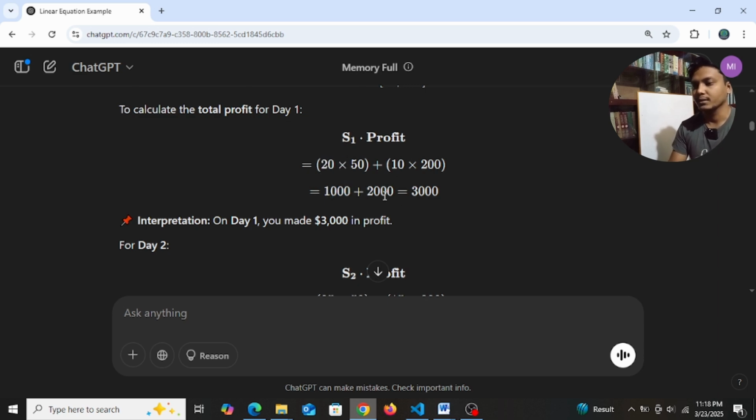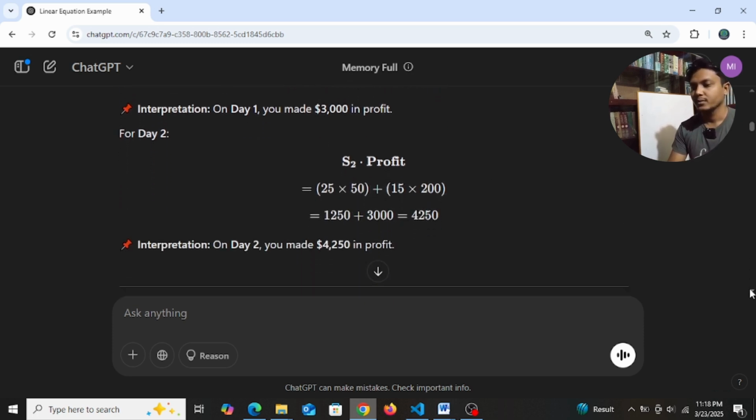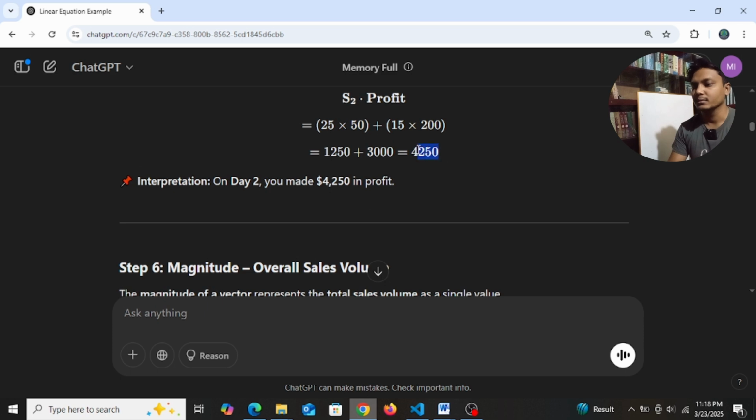So now we get the total result. So 3000 is the total profit for day one, okay. And it will be $4250 for day two, okay, according to the calculation.